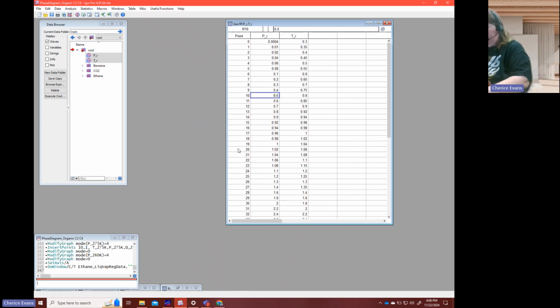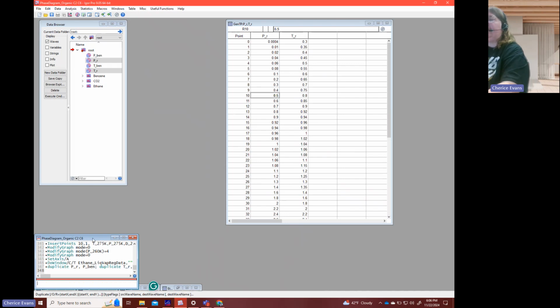So let's start with benzene. First thing I'm going to do is duplicate the pressure to a benzene pressure, and I'm going to duplicate the reduced temperature to a temperature that will be specific for benzene.